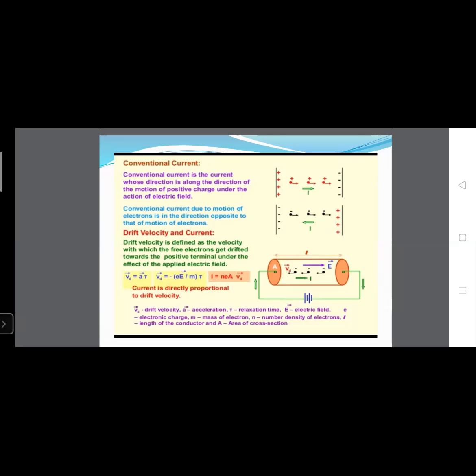So now, what is the cause of flow of current in a conductor? That means how does current flow in a conductor? In a metal, atoms are bound strongly with each other. We all know about that, right? And these atoms occupy fixed positions, but the free electrons, in the absence of an electric field, move in random directions.